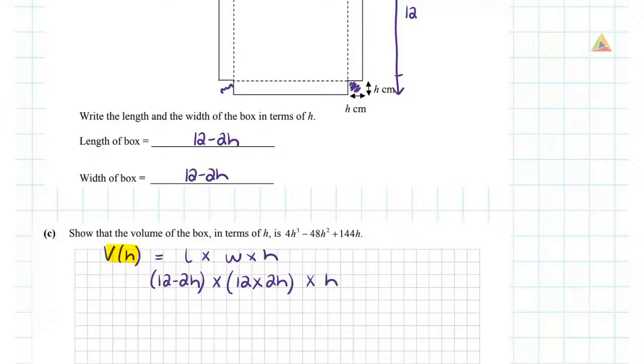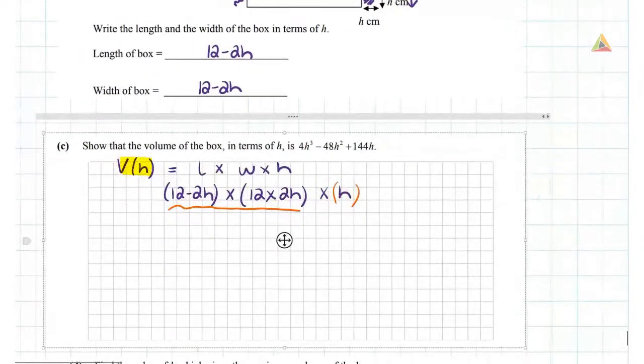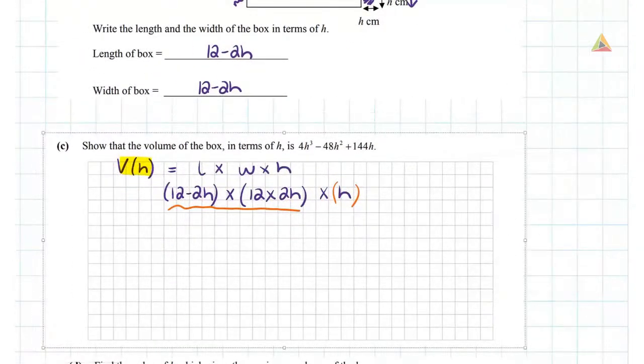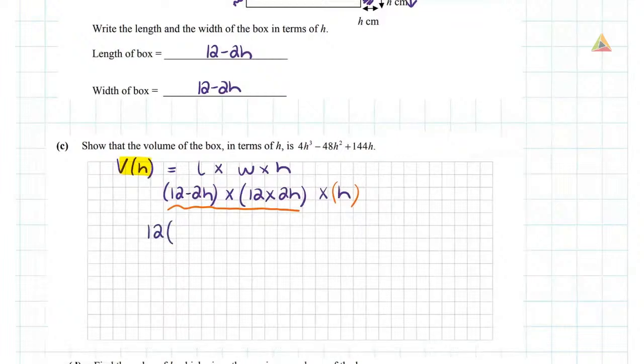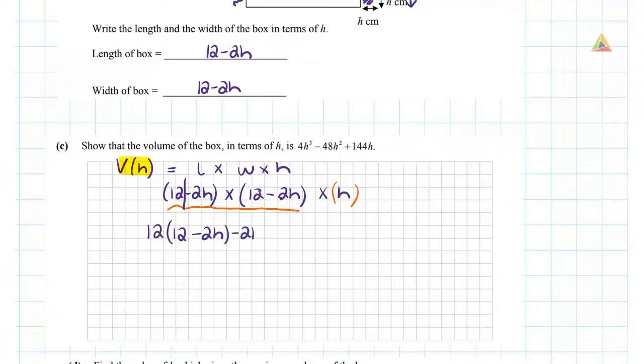So our job is to multiply all 3 brackets together, and I'm just going to take 2 at a time. You can put that in brackets also if you want. I'm going to take those first 2 and I'm going to multiply them by back-to-back brackets. So I'm going to split that first bracket in half, and I'm multiplying 12 minus 2h, minus 2h by 12 minus 2h.